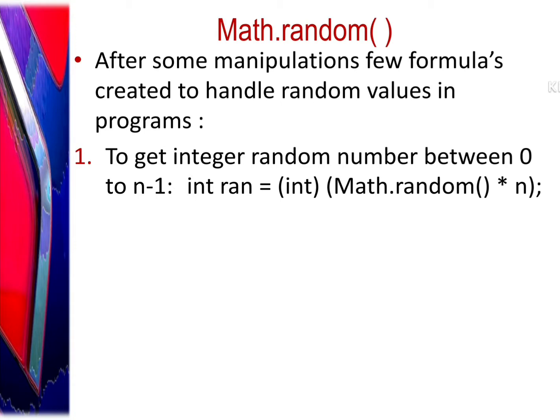Think about it. If I'm trying to say that you have to play a dice, you all know that a dice always provides us a number between 1 to 6.